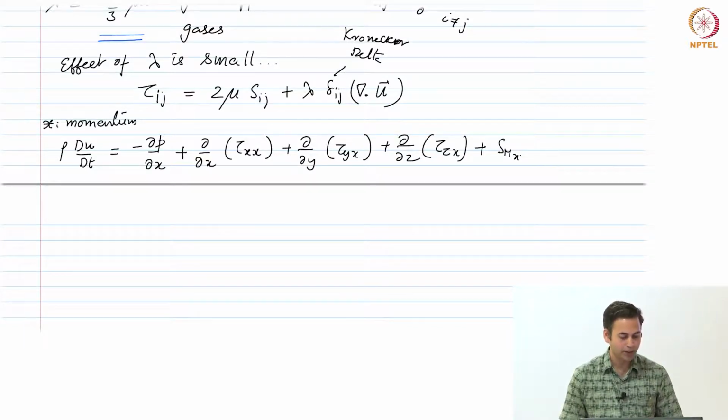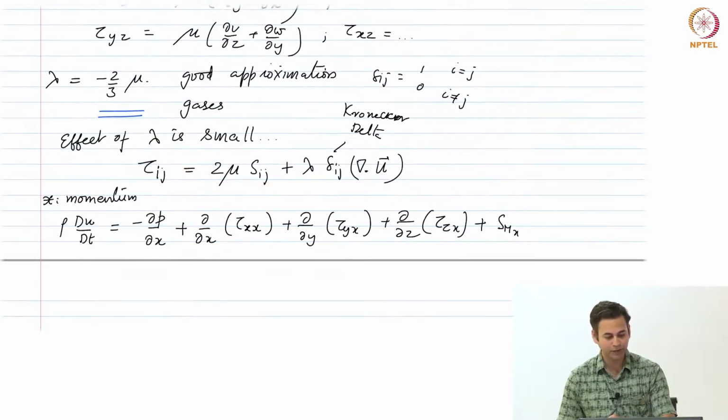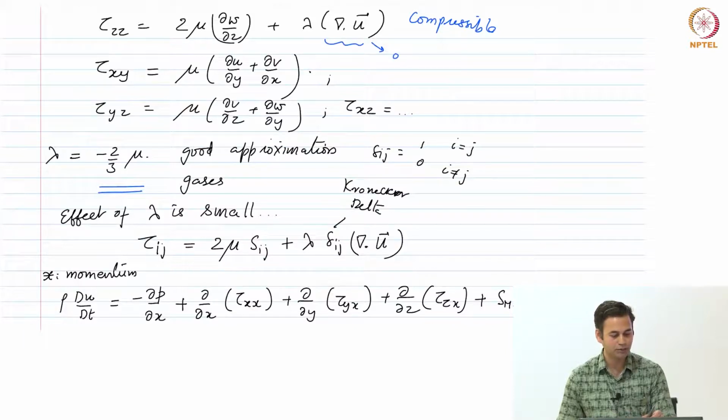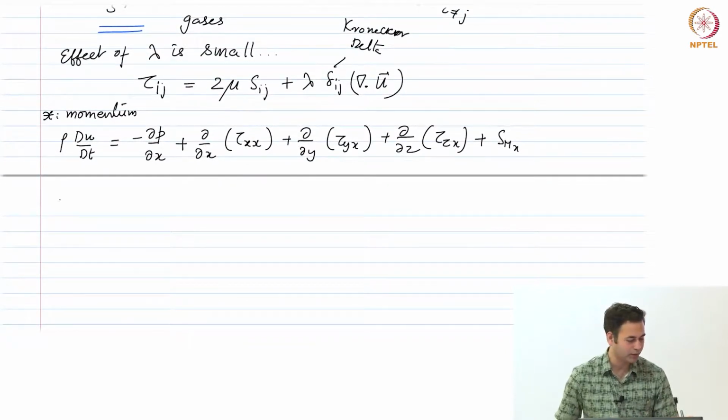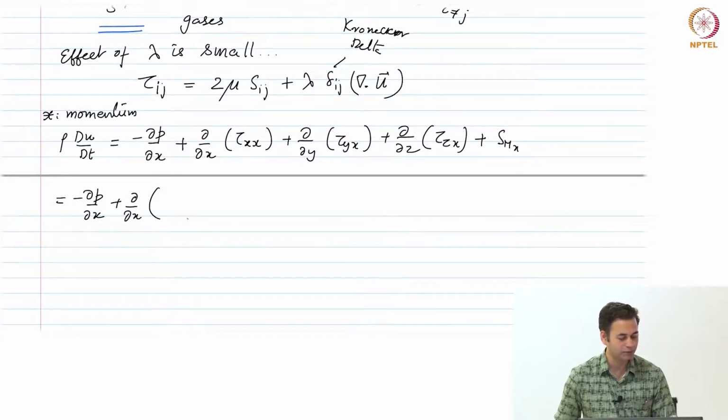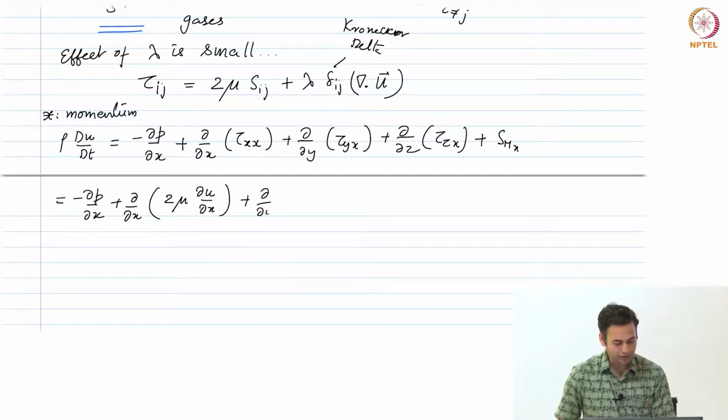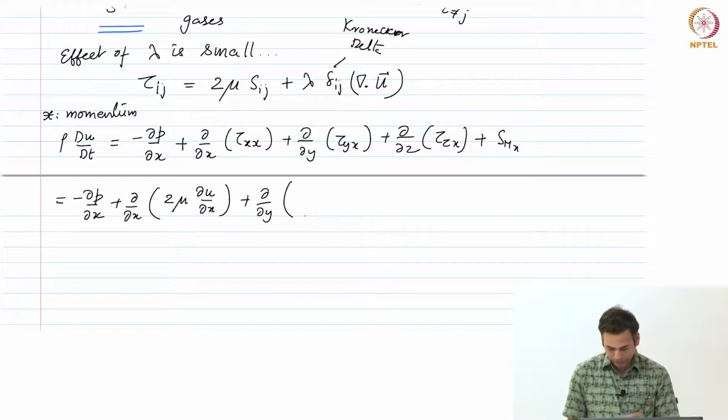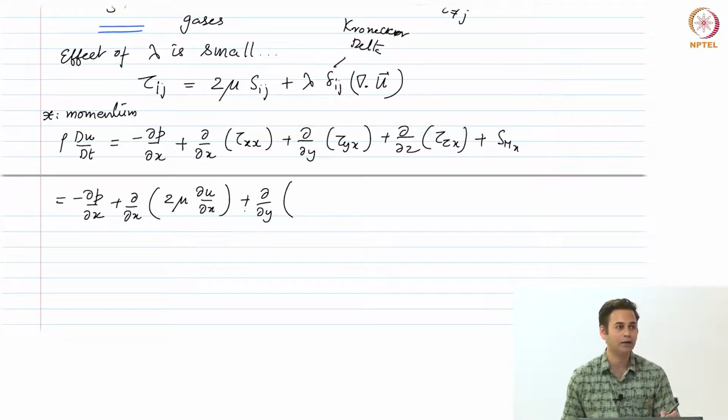Now, can we plug in the shear stresses that we have obtained into these equations and see what happens? So, if I plug these in, you have minus partial p partial x plus partial x of tau xx, which was 2 mu partial u partial x. And then we had this extra lambda del dot u bar as well, which I had missed out.